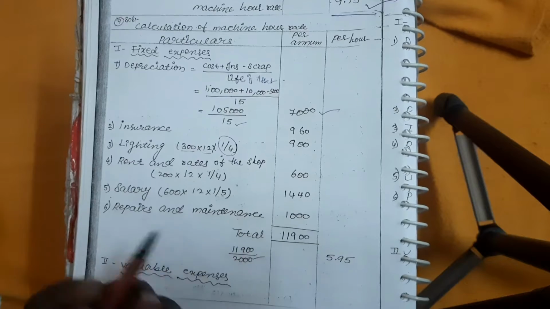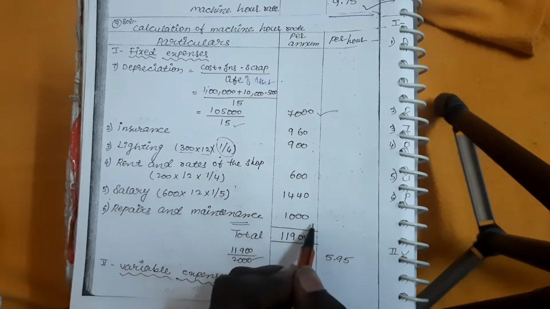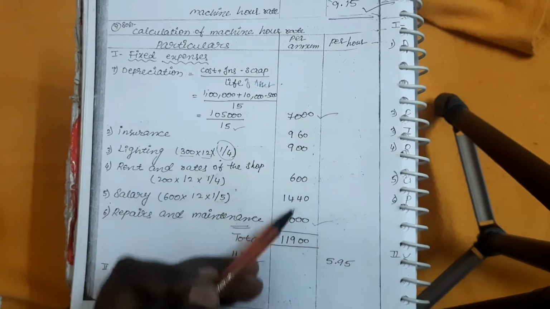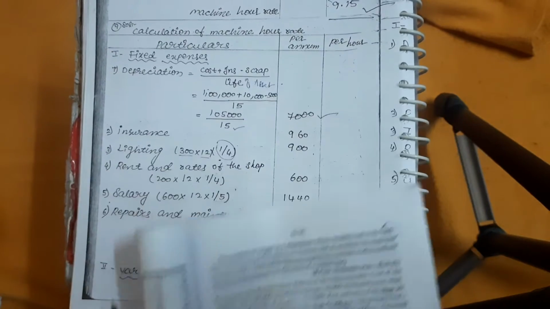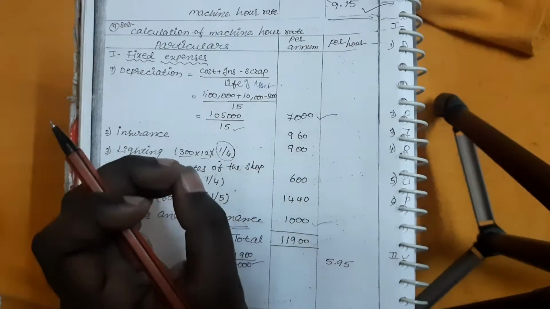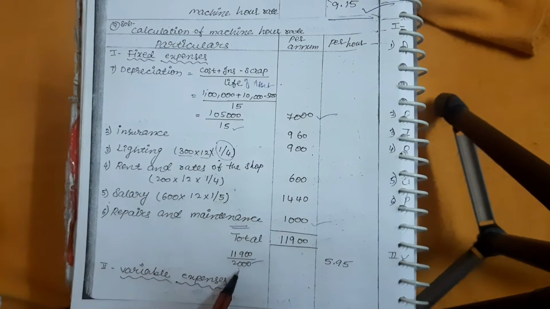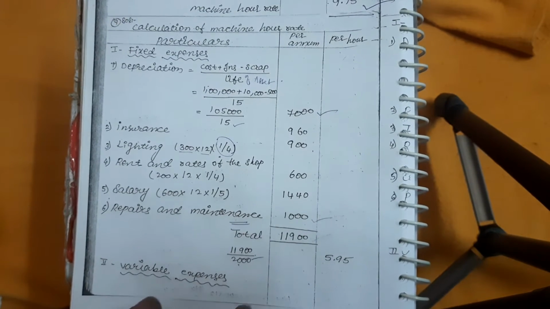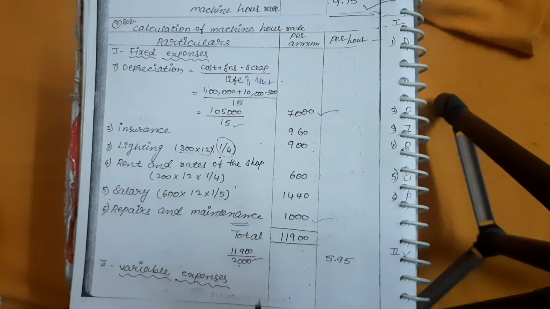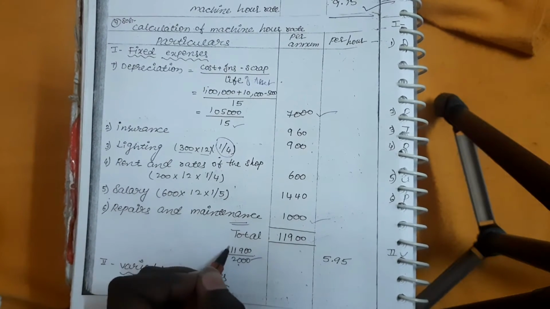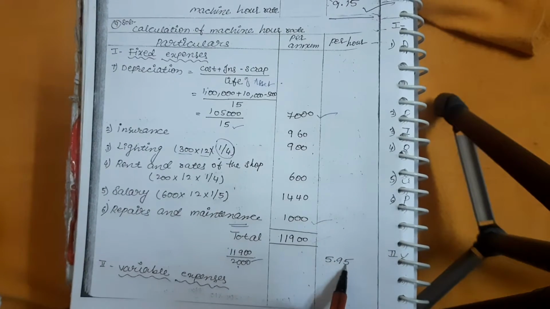Repairs and maintenance will obviously be for the machine only, so 1000. So total expenses are 11,900. Hours are 2000, because from 2200 I removed 200 setup time. 11,900 by 2000 is 5.95.